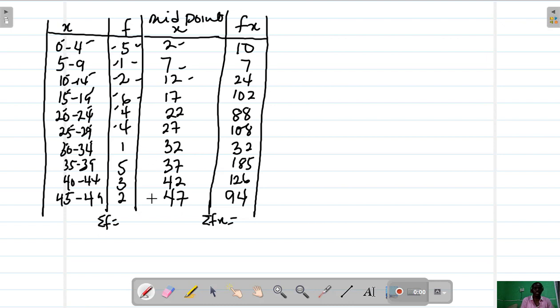So the answer is 33. Then our sigma fx: 10 plus 7 plus 24 plus 102 plus 88 plus 108 plus 32 plus 185 plus 126 plus 94 will give us 776.